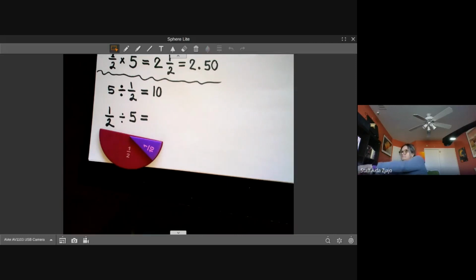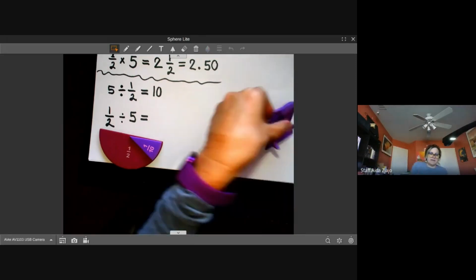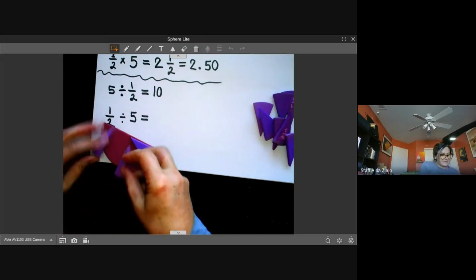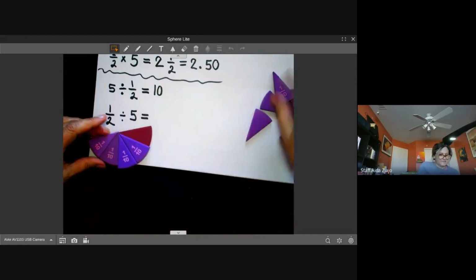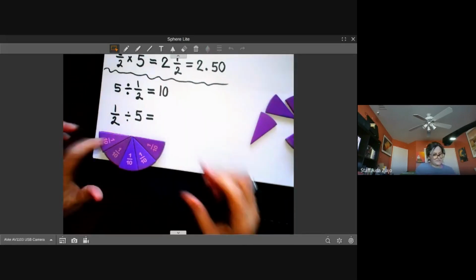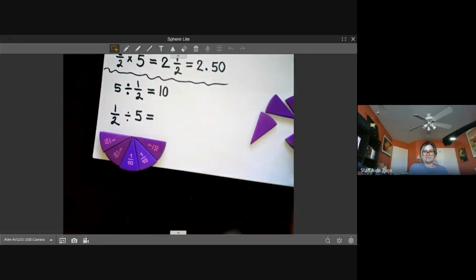So I can have my tenths, and I'm going to represent if she cuts into 1, 2, 3, 4, 5 pieces.